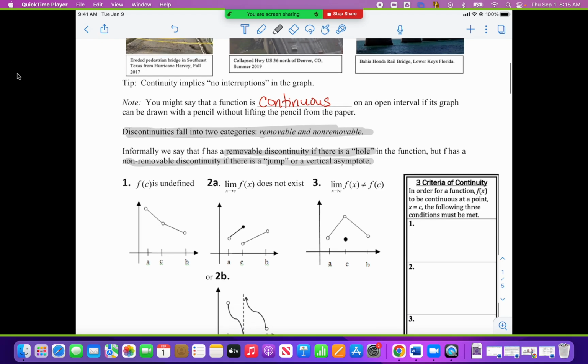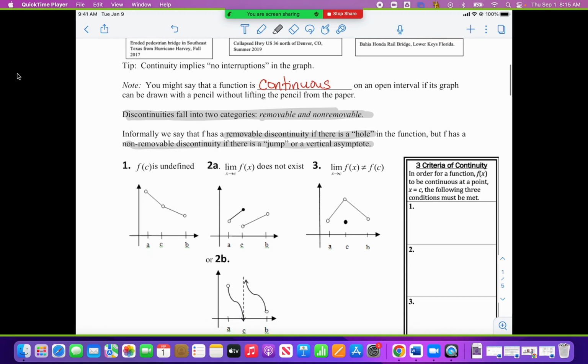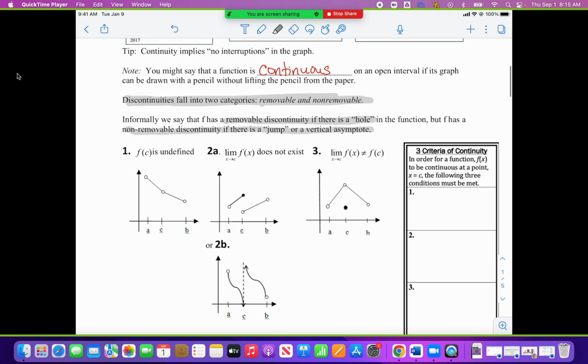So in number 1, it says f of c is undefined. What type of discontinuity would you say number 1 has at c? This is removable, because f has a hole at x equals c.